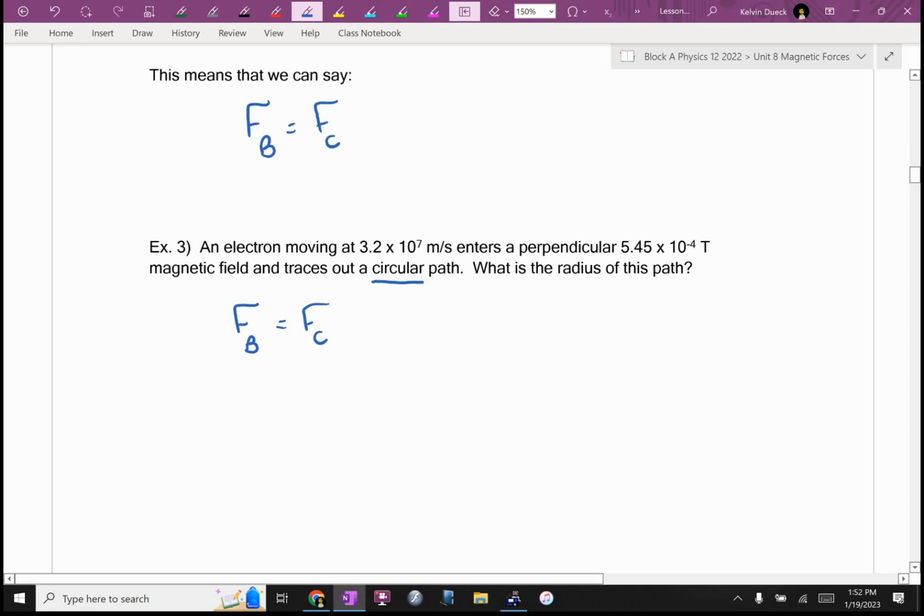What's our equation for magnetic force on a particle? Equals m. And then I need to decide which version of a am I going to use. Did this question give me or ask for a speed or a period? Oh, you know what? A speed, v squared over r.